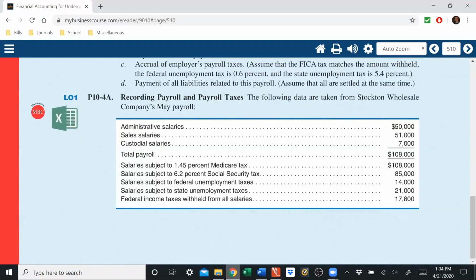So the following data are taken from Stockton Wholesale Company's May payroll. So we have all these salaries, their total payroll that they owe their employees for May, $108,000.